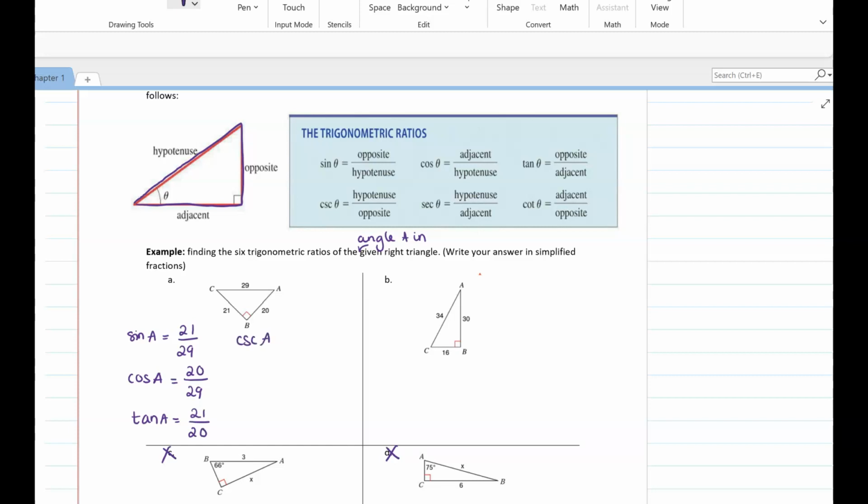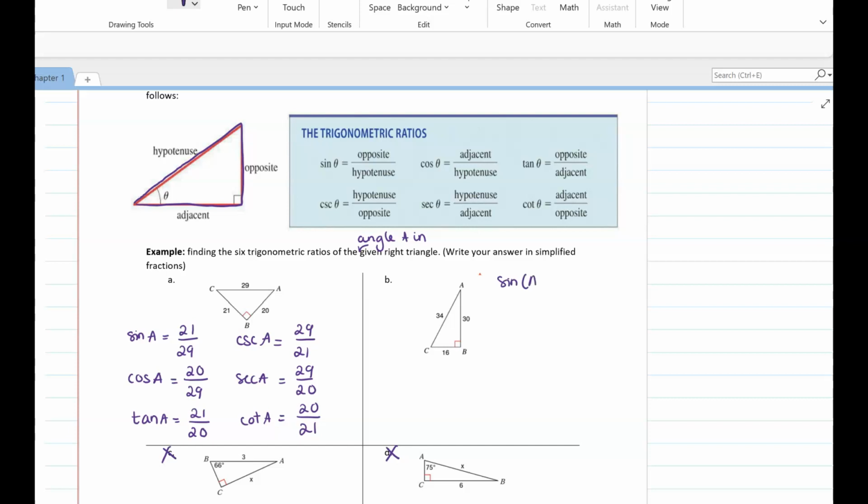Cosecant of A equals the hypotenuse divided by the opposite. Secant of A equals the hypotenuse divided by the adjacent. And cotangent of A is equal to the adjacent divided by the opposite.